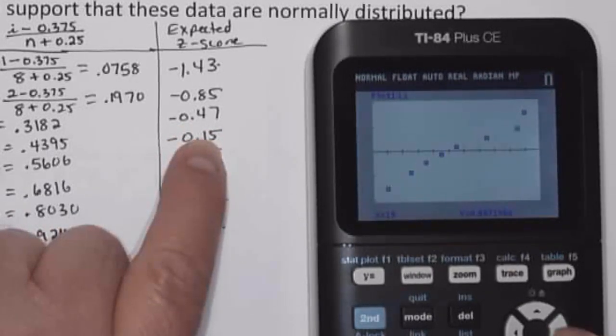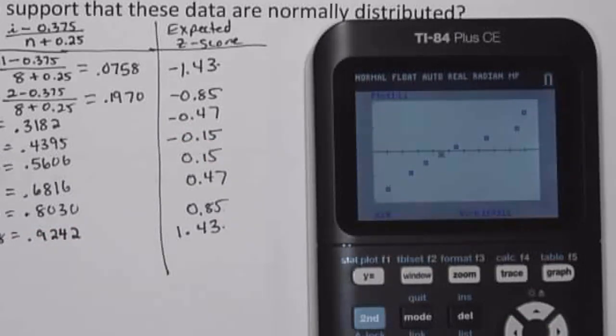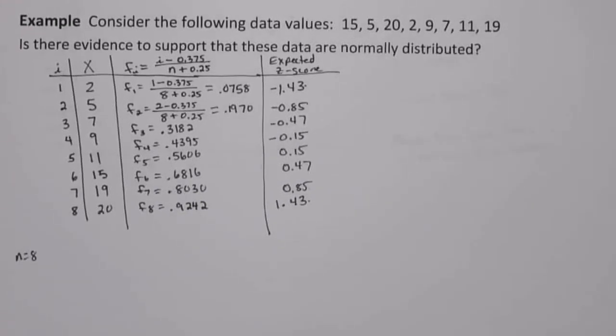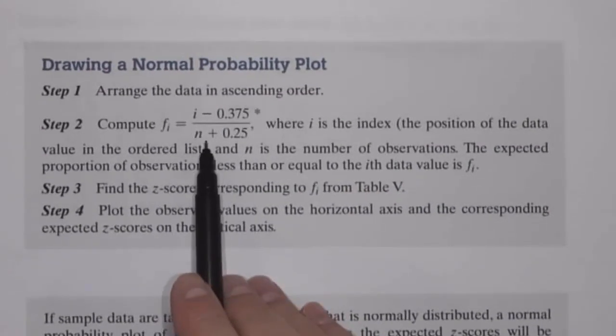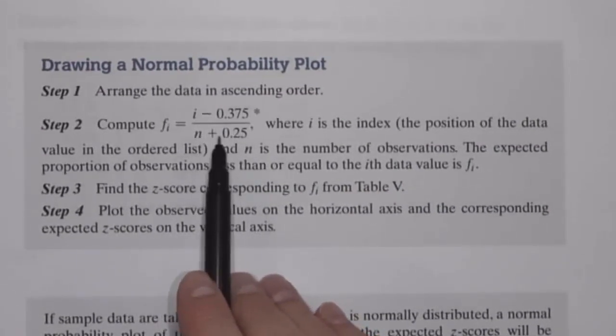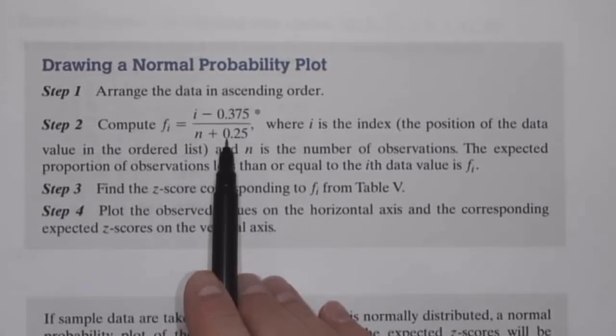So for all of our z-scores, the calculator has different expected z-scores than what we came up with. Now, why is that the case? Well, that happens because of our formula. So we used this formula right here in order to calculate the area to the left and ultimately to determine the expected z-scores.